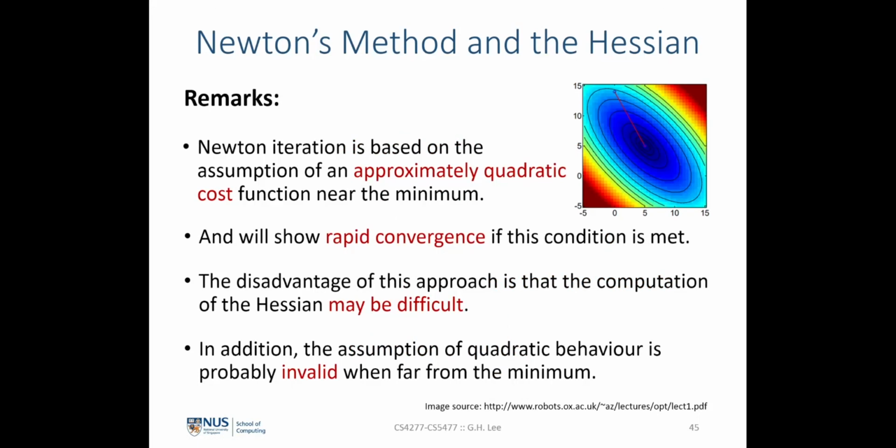So a remark about the Newton's method and using the Hessian is that intuitively what this method is trying to do can be visualized here, where suppose that the variable that we wish to optimize for, let's denote it as a one-dimensional scalar value p, and this is our cost function g of p over here.